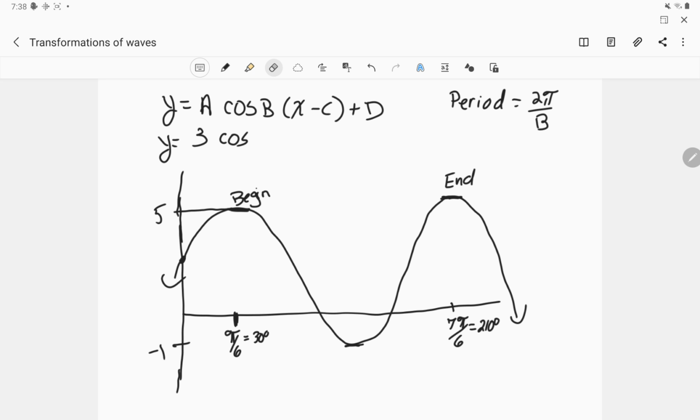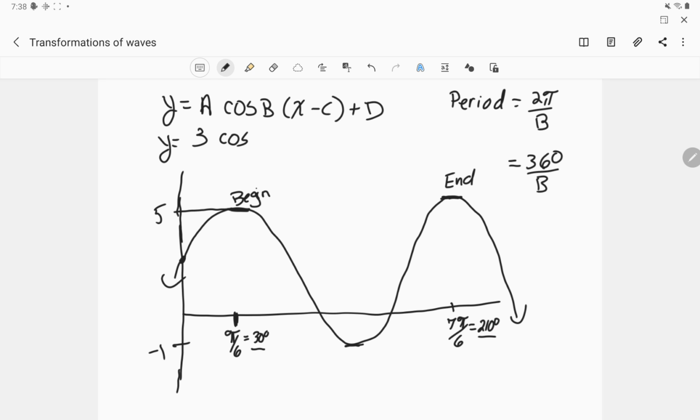So it's at 210. So the question is, how far is it? And again, if you don't want to do this in radians, you don't have to. If you think better in degrees, do 360 over b. So how far is it? If I'm doing it in degrees, just because I think better, how far is it from 30 to 210?